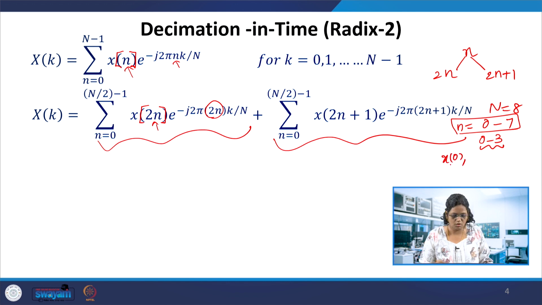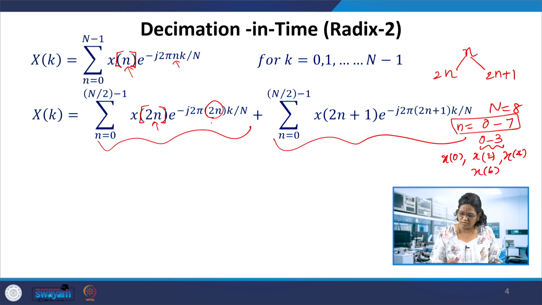If n is 1, that is x of 2. If n equal to 2, that would be x of 4. If n equal to 3, then 3 into 2, that is x of 6. So 0, 2, 4, 6 are the samples considered among the 0 to 7 samples in total.